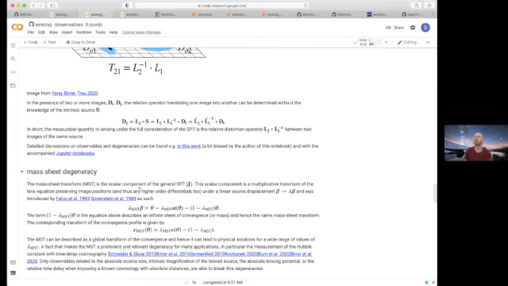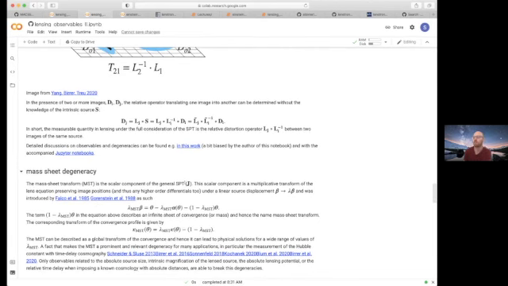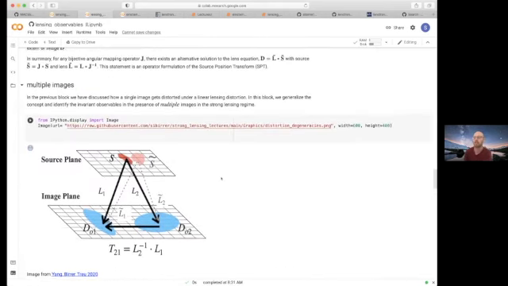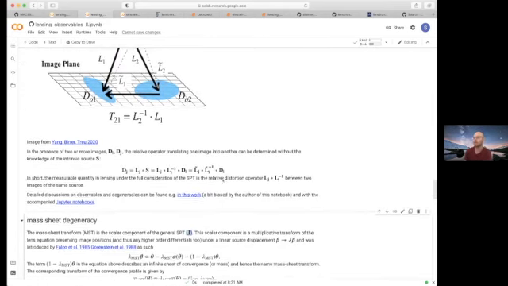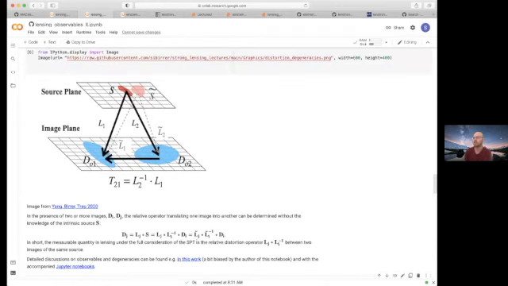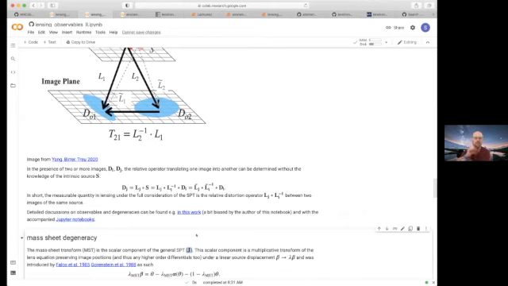So what is the mass sheet degeneracy? It is effectively a special case of the overall degeneracy operator J in the language I've used here. The simplest operator J that has an inverse is a scalar.